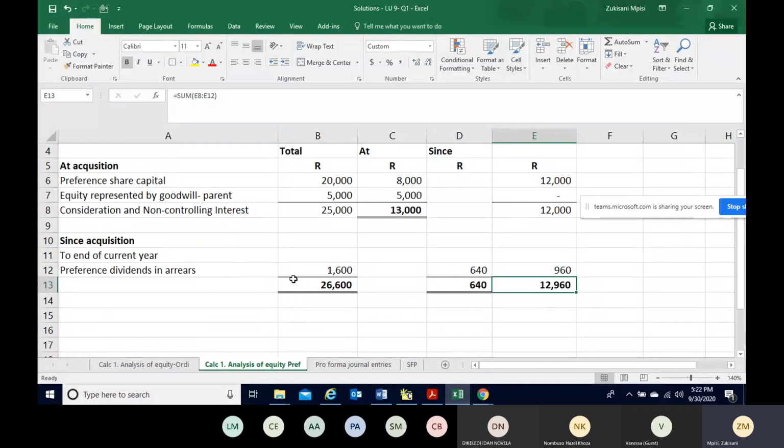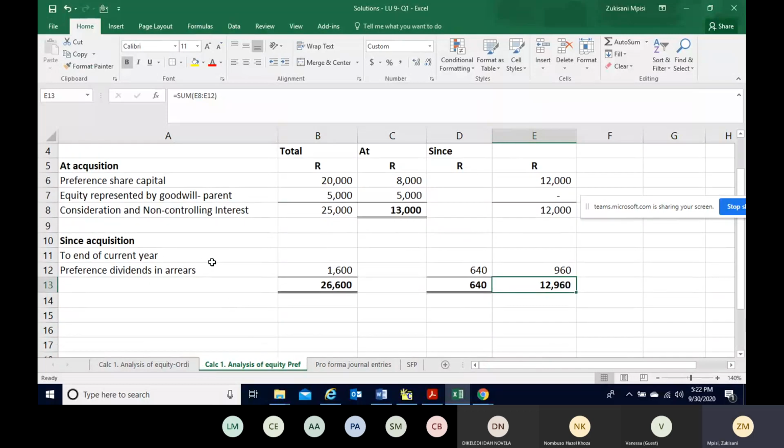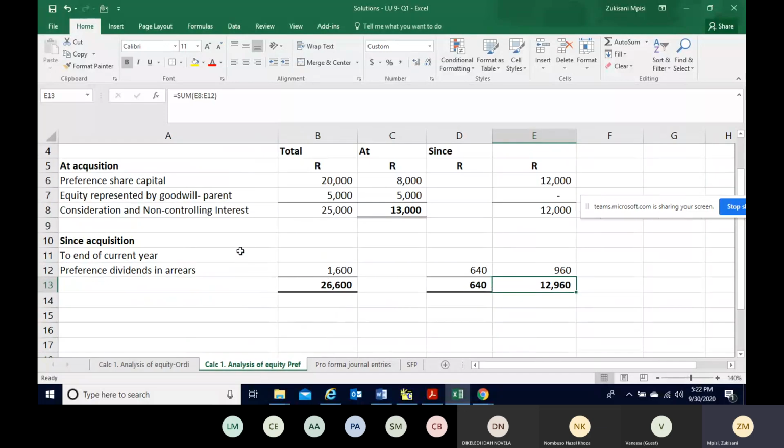But that's basically it. So for question 2, if you do more practice, you will find out that for question 2, you have to follow the same route of taking preference dividend out of the ordinary owner's equity analysis, and then you have to include it when you are doing the preference share.